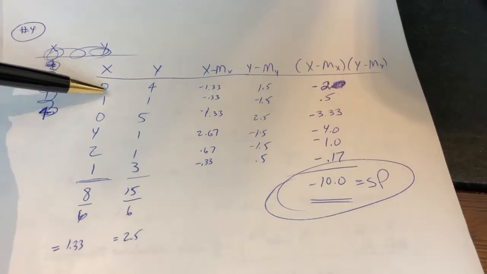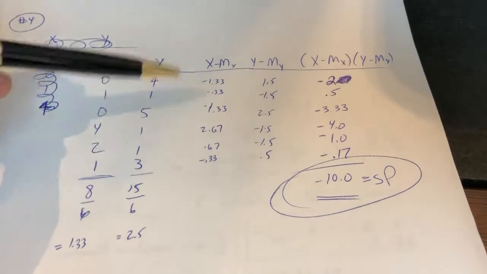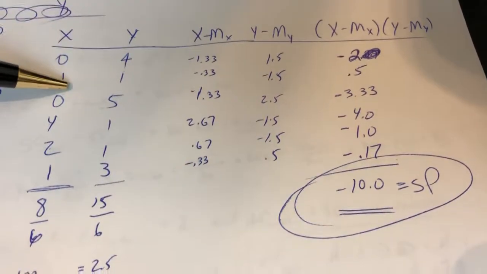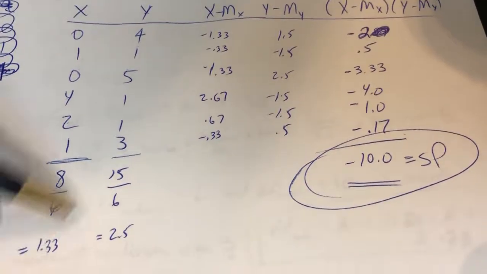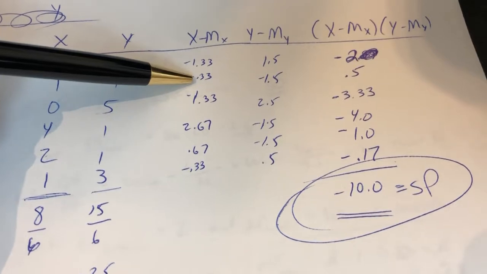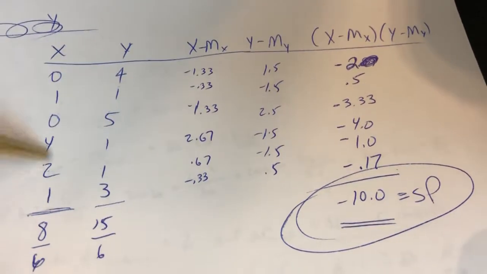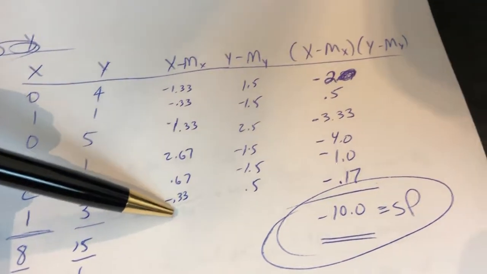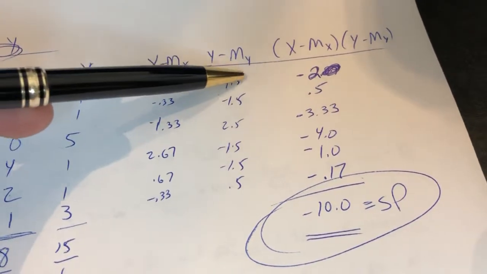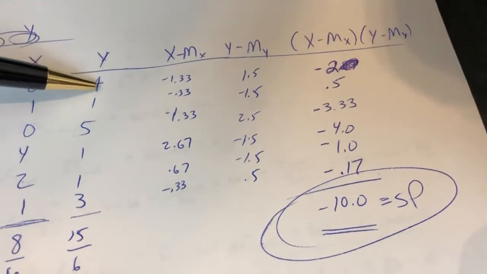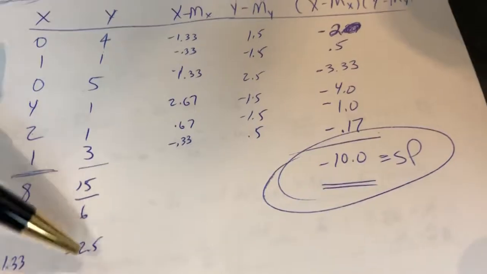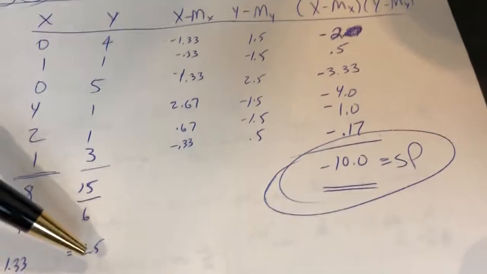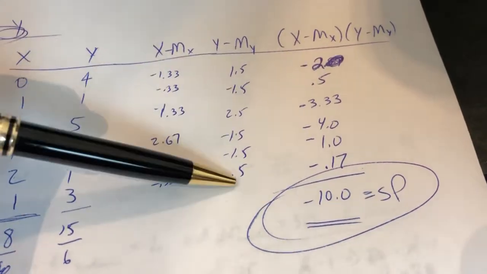So 0 minus 1.33 is negative 1.33. 1 minus 1.33 is negative 0.33. And on and on. We're just doing this minus the mean. Then the next thing we do is y minus the mean of y. 4 minus 2.5 is 1.5. 1 minus 2.5 is negative 1.5, and on.